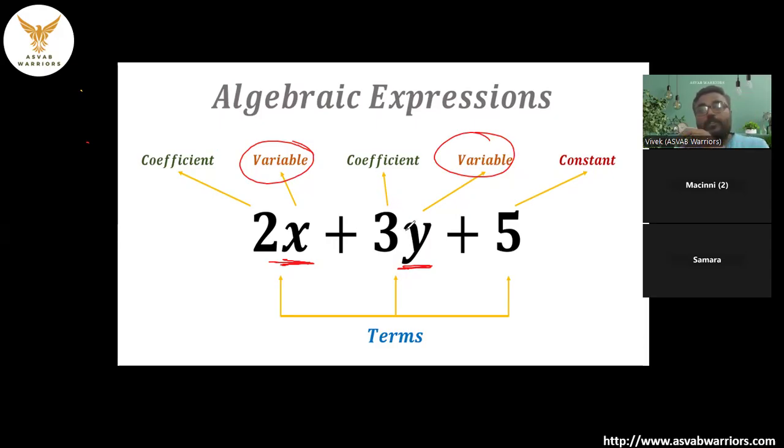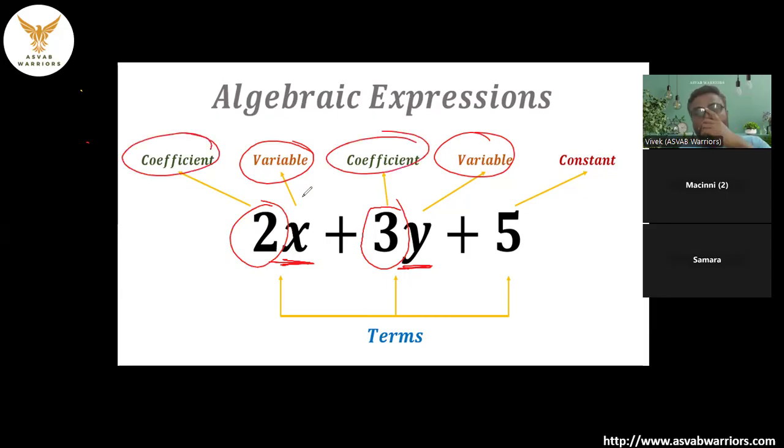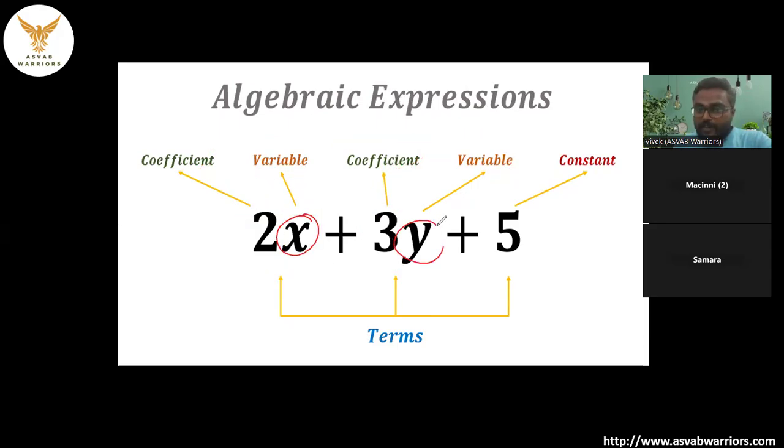The value of something which can vary is a variable. And the digits written before the variables are coefficients. You need to understand this basic terminology so that when a difficult question comes, you do not get stuck because of it. Remember, variables are the alphabets, coefficients are the numbers before the alphabet.